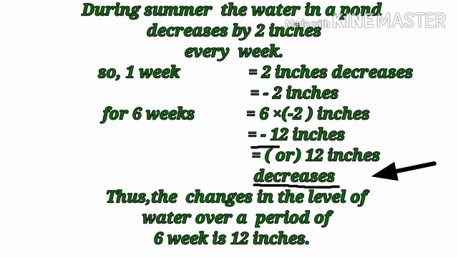That is, we get 6 into minus 2 is equal to minus 12 inches, or 12 inches decrease. Instead of putting minus, we can use the word decreases. Thus, the change in the level of water over a period of 6 weeks is a 12 inches decrease.